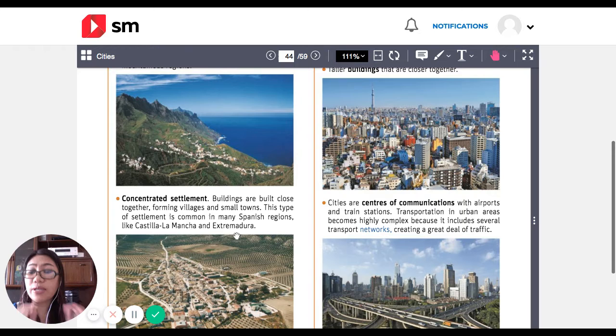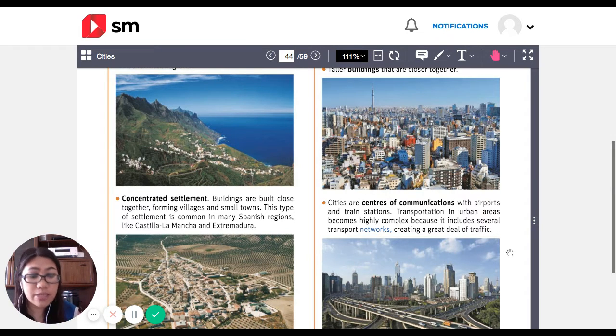So, when we say concentrated settlement, you have to remember that it forms villages and small towns. They have buildings that are built close together so they can form villages or small towns. Okay?